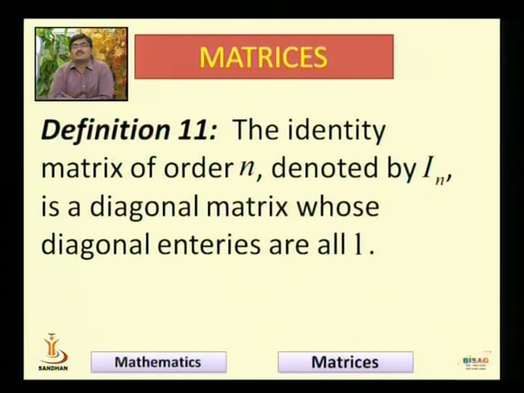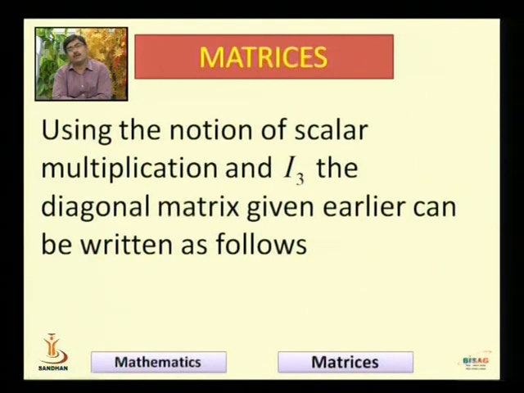So, I have taken a square matrix of order n and its all diagonal entries are taken to be equal to 1. Such a square matrix of order n whose all diagonal entries are 1 is denoted by In. Using this notation, that is we have just now defined what is meaning of In.